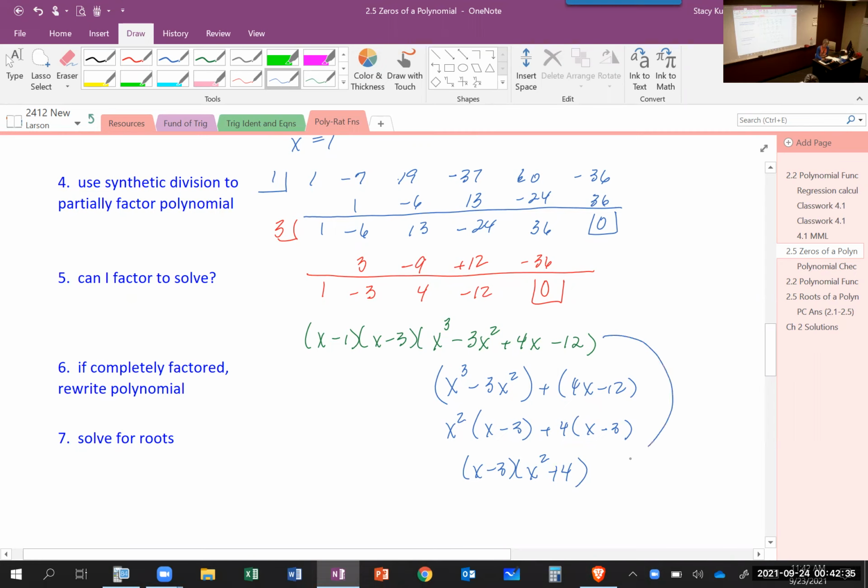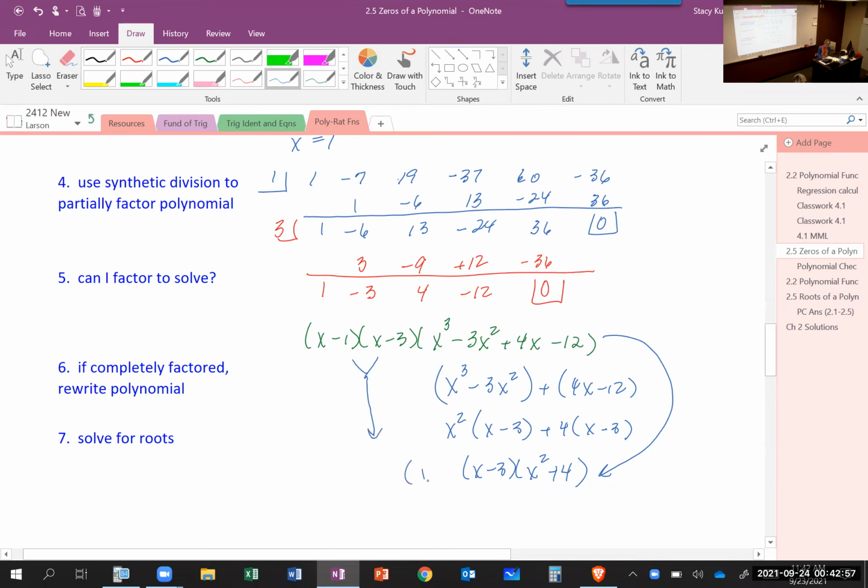So this chunk of the polynomial, all 4 of those terms, factored into x minus 3 times x squared plus 4. Can you now set them to 0? I could if I wanted to, but I'm going to finish this off by bringing down those 2 factors that I already had.